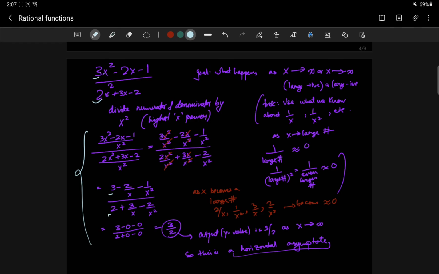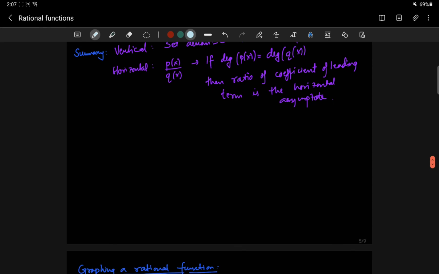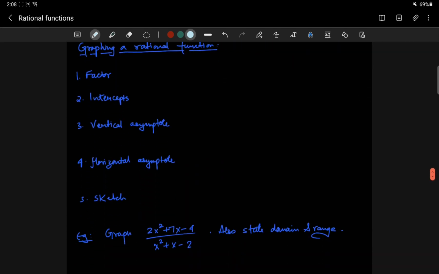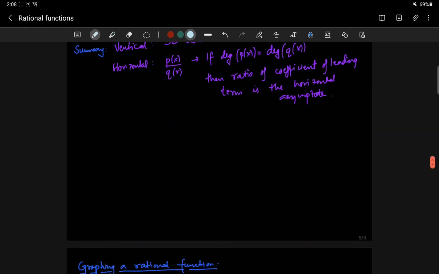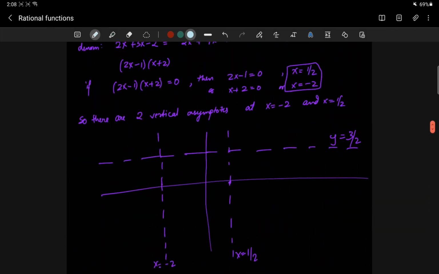So you will always be left with the coefficient of the numerator's leading term and the coefficient of the denominator's leading term, which tells you what output value this whole thing is getting closer and closer to as your input becomes larger, and which is nothing but the horizontal asymptote. So that gives us a direct way of determining where the horizontal asymptote is.